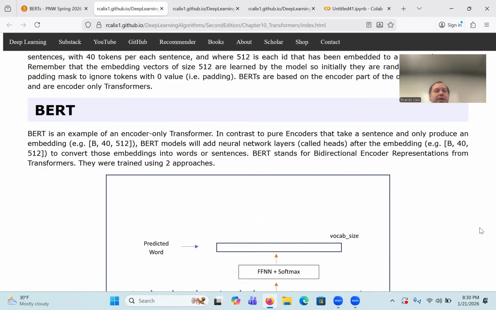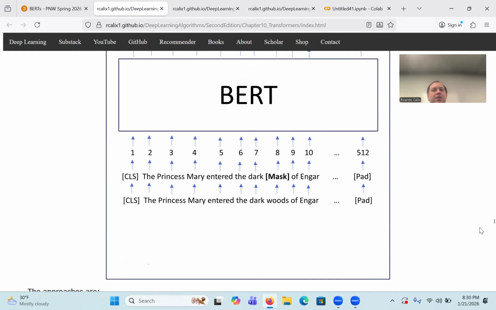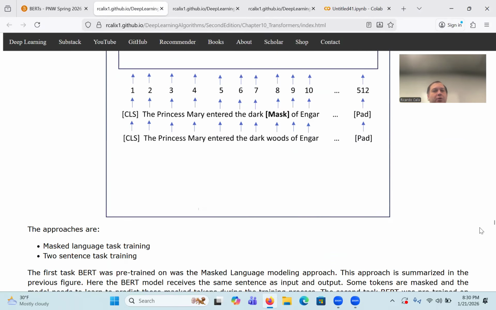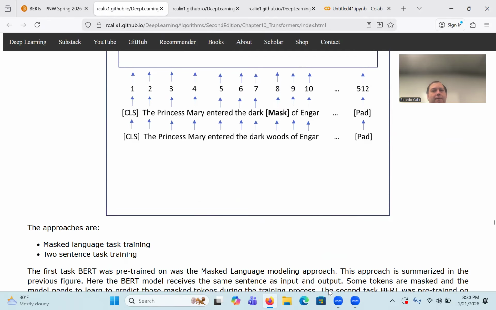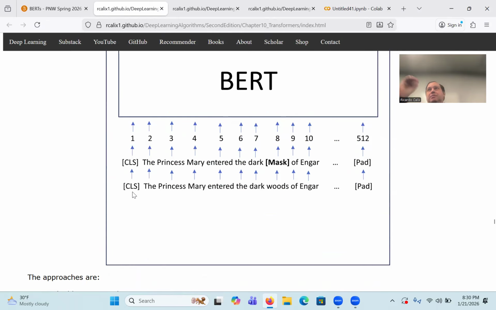BERT stands for, we've covered this, bidirectional encoder representations from transformers. They were trained using two approaches, which is what I just said. I just wanted to summarize it here in more detail. So here I have one approach. CLS, as you saw, indicates an input class symbol. A sentence: the Princess Mary entered the dark woods of Engar.